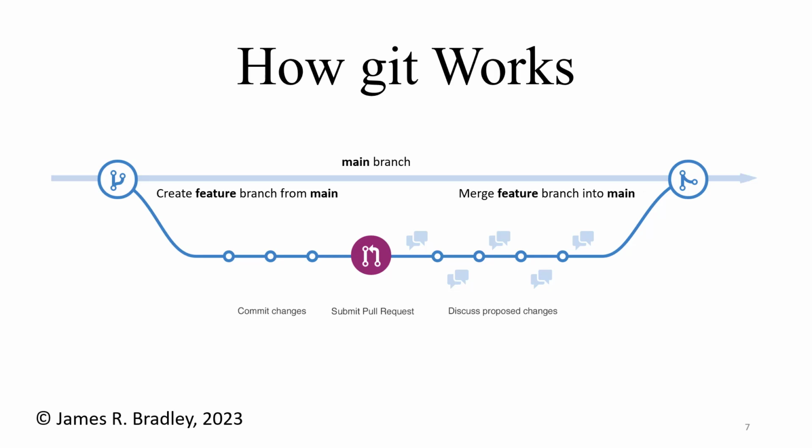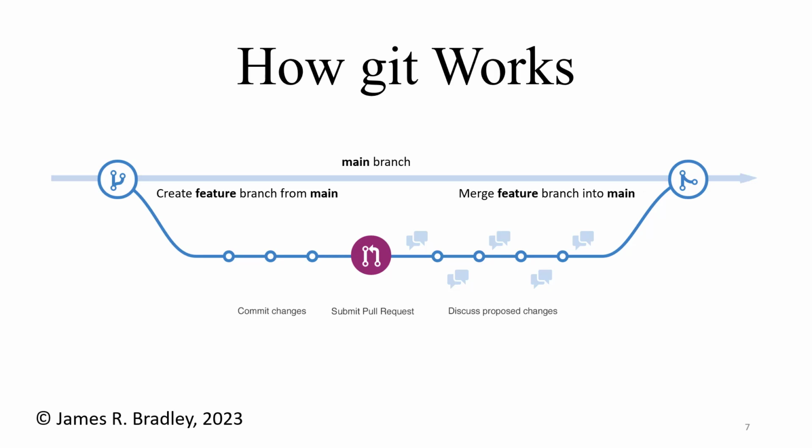At some point, when you're done with your task of resolving bugs or adding features, you're going to submit a pull request, which will be a signal to perhaps somebody else who's in control of the main branch that you want your new code to be integrated into the working code in the main branch.